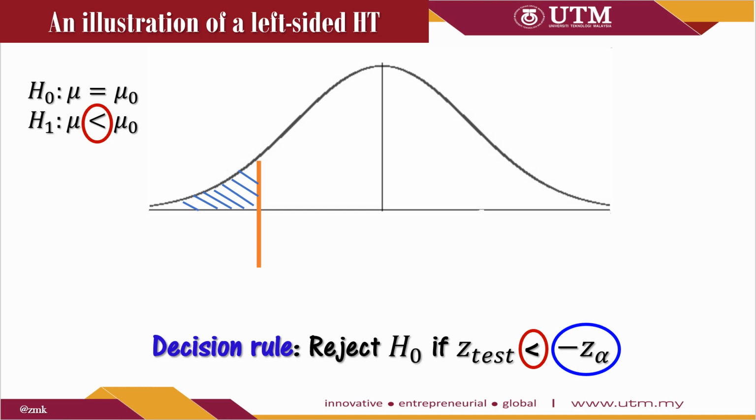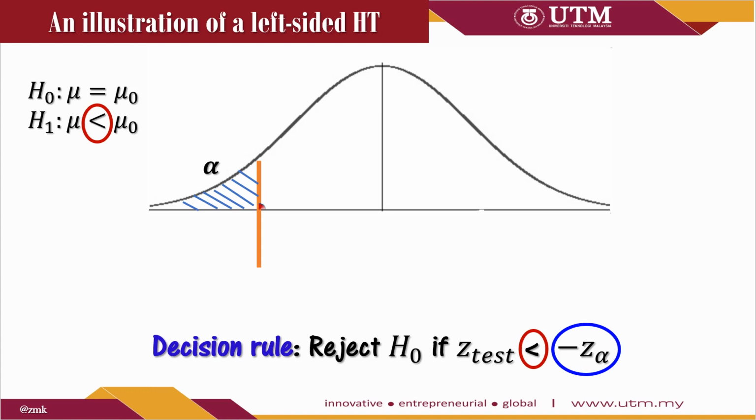As we know, z distribution is centered at 0, therefore the left-sided critical value will be negative. You can see alpha is on the left of the curve shown by the shaded region under the Z distribution from which the Z test is defined.